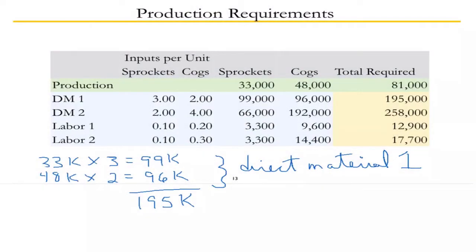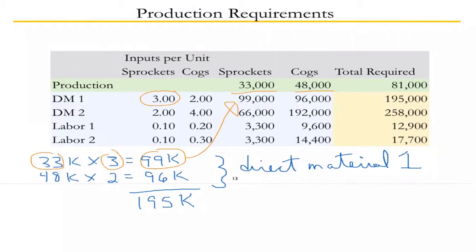In order to show the production requirements, I'll go through direct material 1 in detail. We saw last time there would be 33,000 sprockets and 48,000 cogs that needed to be produced. Each sprocket uses 3 units of direct material 1, so 33,000 times 3 equals 99,000, and we can see the answer right there.